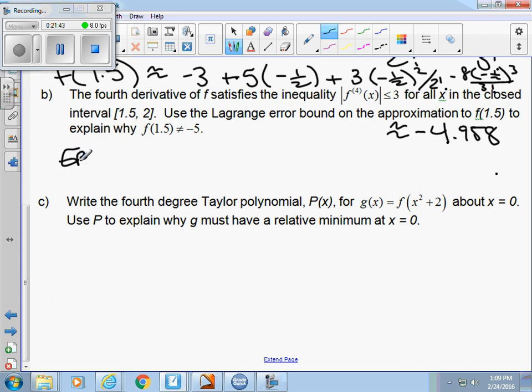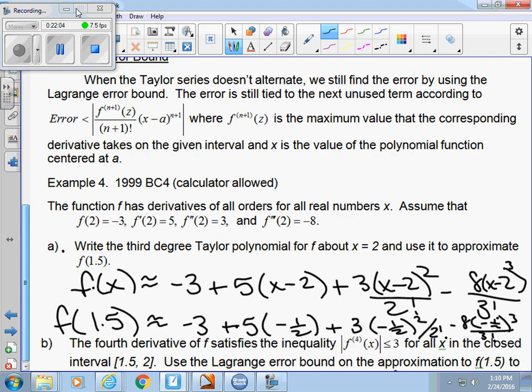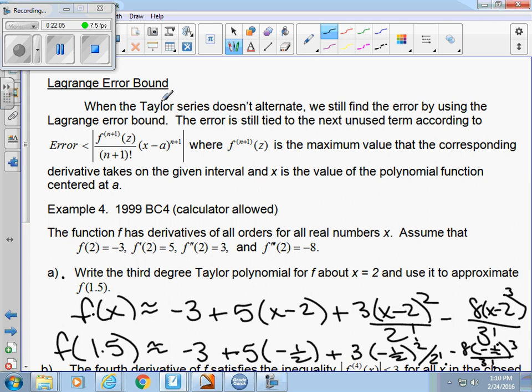And I know that the error is less than f of the next derivative, n plus 1. Well, we did the third derivative, correct? So the fourth derivative, and remember, it said f of n plus 1 of z. It's not the derivative at a certain z.